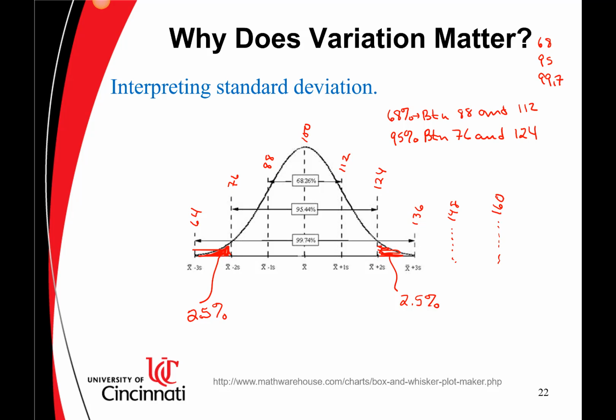The point of having standard deviations, the point of having a mean, is when you get your data and your standard deviations, you can put your mean right in the middle of this bell curve, and then with your standard deviations, figure out where 68% of the values are, where 95% are, and where 99.7 are.